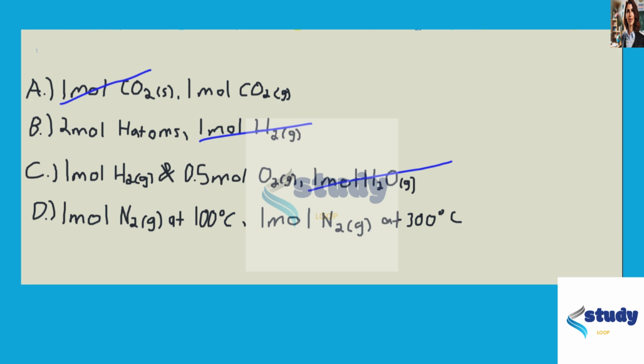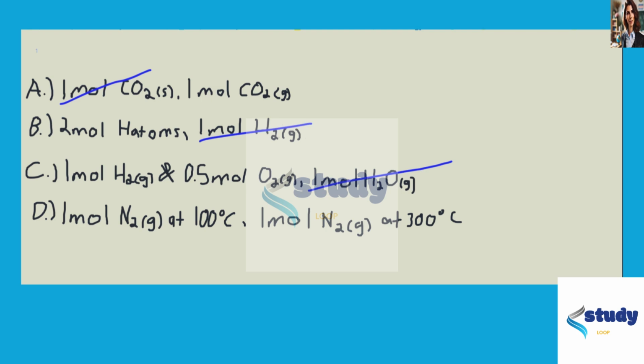Now, for 1 mole N2 at 100 degrees Celsius versus 1 mole N2 at 300 degrees Celsius, remember, the stronger your bonding is, the lower your delta H value is going to be. So remember, as you increase temperature, molecules become more gaseous in nature. They start to behave more like ideal gases, which means that you're breaking the interactions between them.